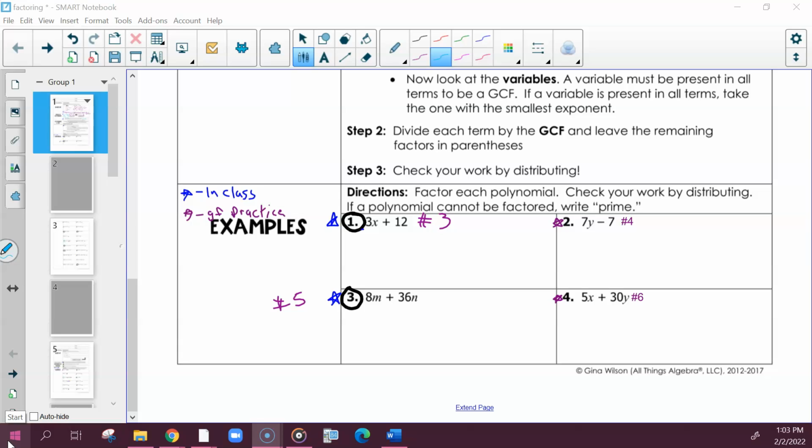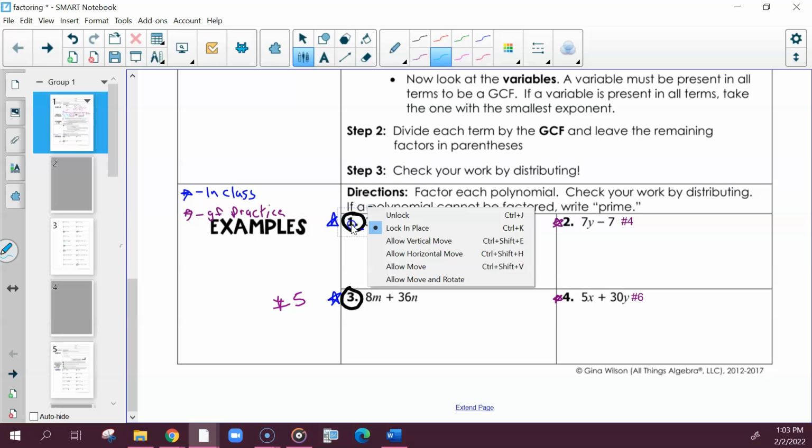Starting with number 1, we have 3x plus 12. What is the highest number we can divide out of both? 3.